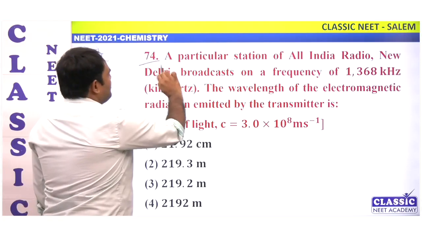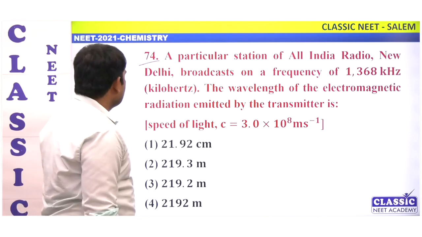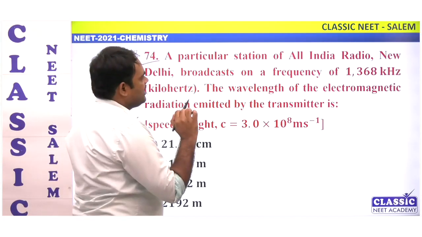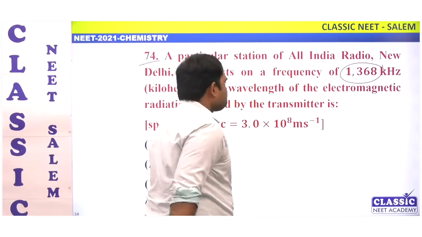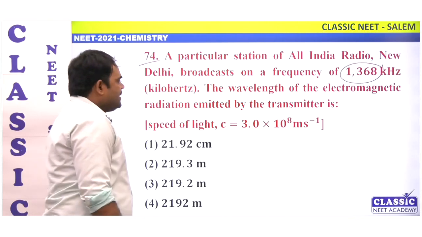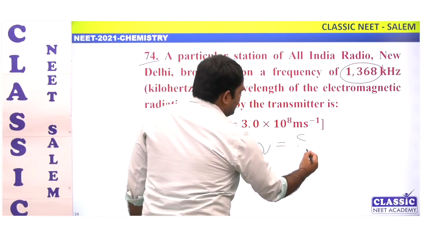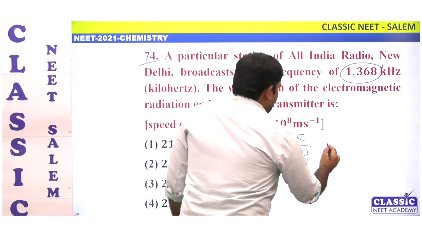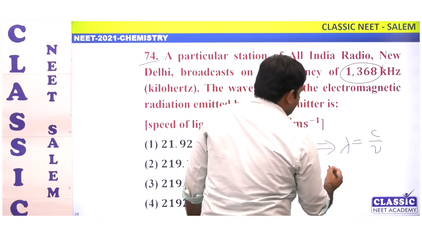Question number 74. A particular station of All India Radio New Delhi broadcasts on a given frequency. He is asking the wavelength of the electromagnetic radiation. You know that nu is equal to C upon lambda. We can also write lambda is equal to C upon nu.